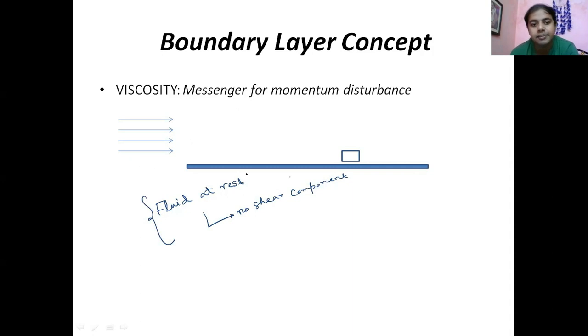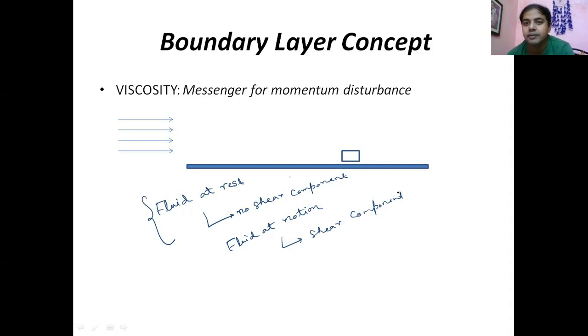So viscosity is a property which comes into the picture when the fluid is in motion. Fluid in motion means there must be some shear component, though it is a very small quantity.